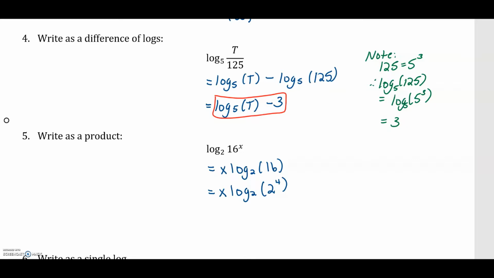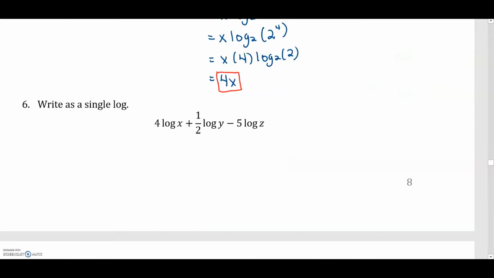So we can write 16 as 2 to the power of 4. Now this simplifies further as x times 4 times log base 2 of 2. But we know that log base 2 of 2 is just 1. So this reduces to 4 times x.